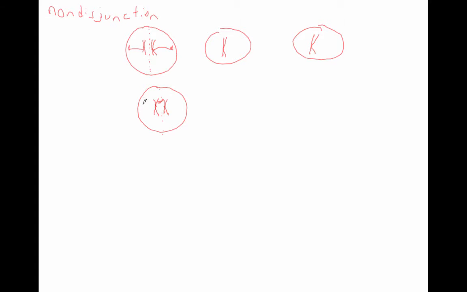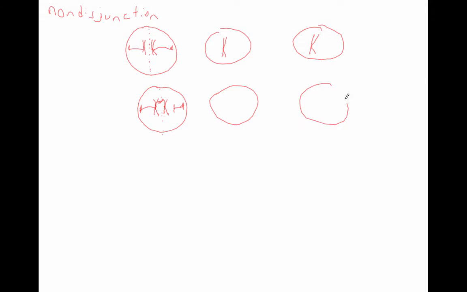All right, so now we have our spindles here, and it attaches here. And let's say that this checkpoint here fails because it doesn't attach to this one. It just fails somehow. What now happens is that this pole here is going to pull both homologous chromosomes to this side.